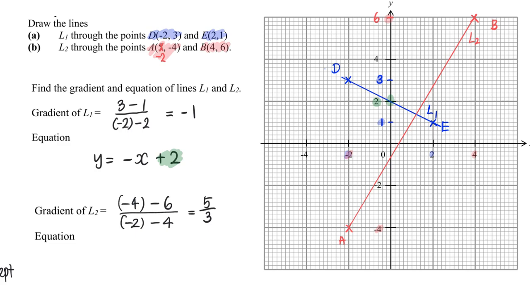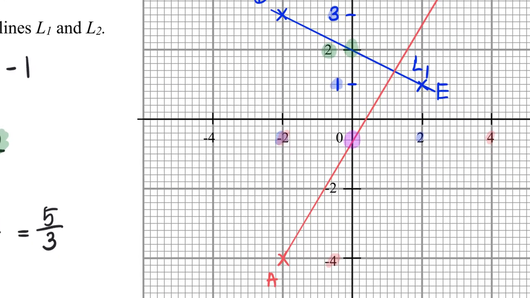And from the graph, I saw that the y-intercept for this particular line is actually negative 0.6, which can be written as negative 3 over 5.